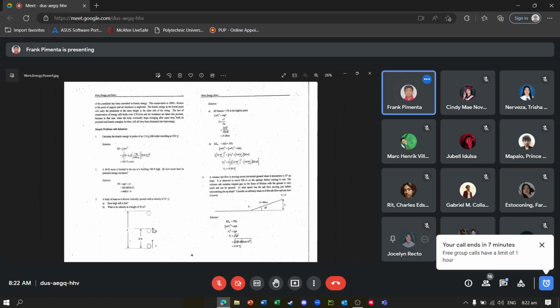Now, which energy should be used here? Maximum kinetic energy or maximum potential energy? You can choose any of these, but the better energy to be used here is the maximum kinetic energy. Why? Because the velocity is given.